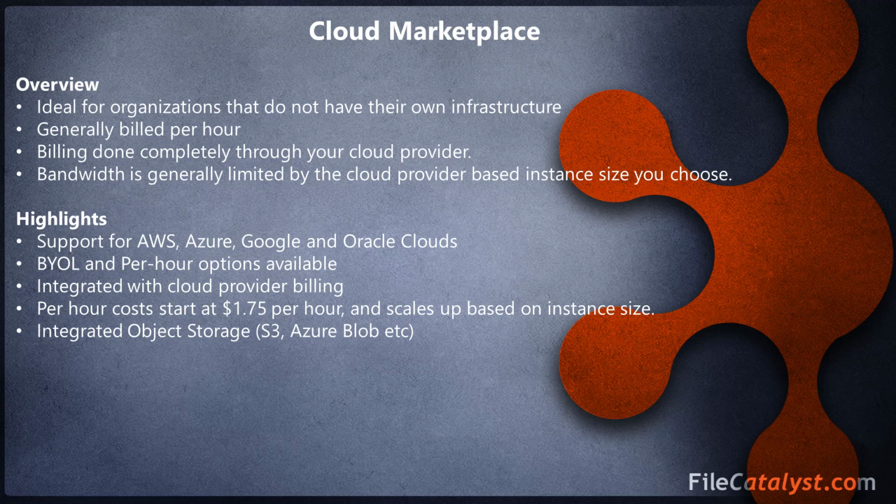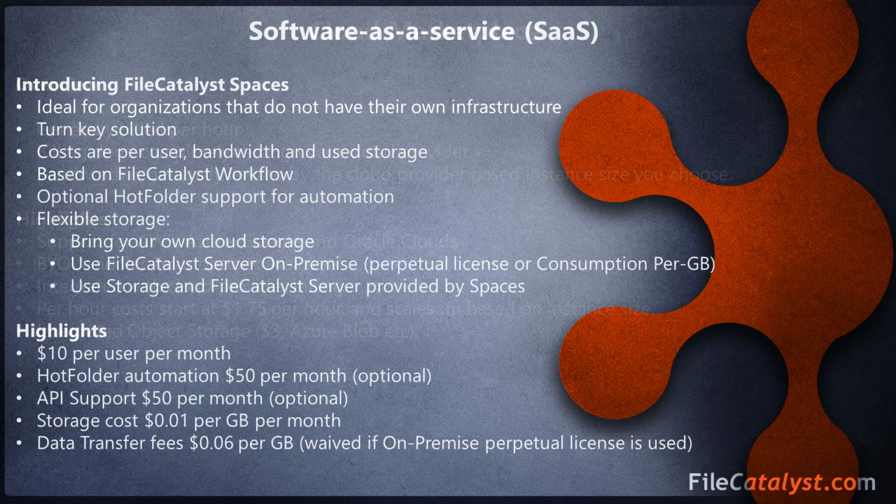You also have the option to bring your own license, so you could license something based on a perpetual unmetered license and apply that license on the cloud and use that server and not pay the per hourly costs. But this is perfect, again, for data migration or projects where you know you're going to be using it for a few days and then shut it down.